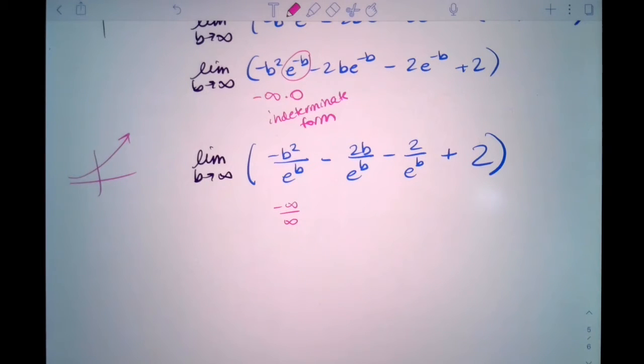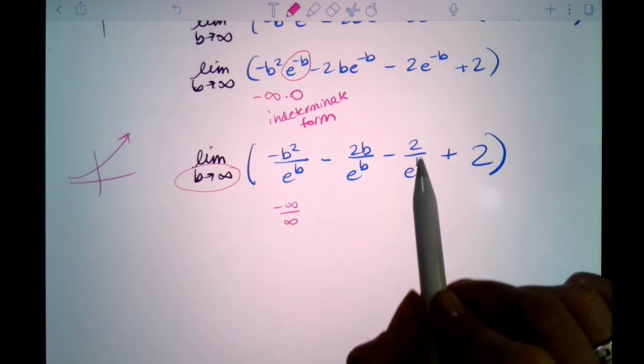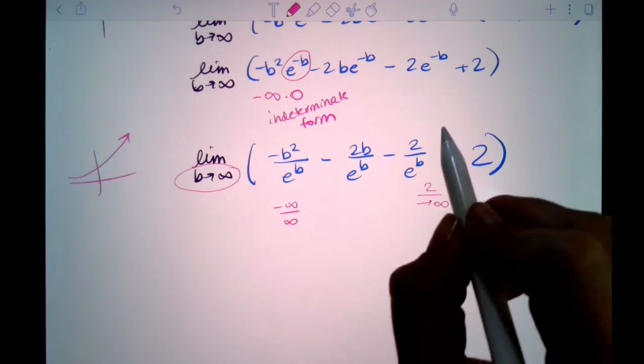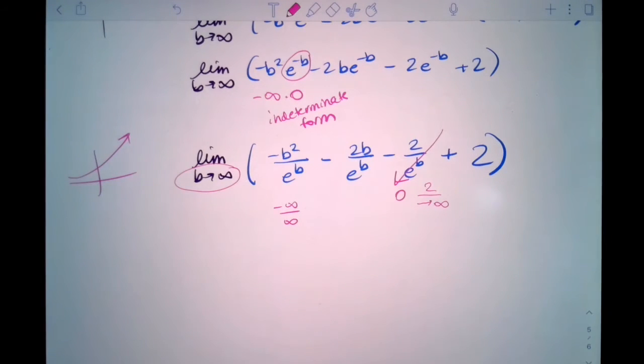That's another indeterminate form, but a manageable one because now you can actually execute L'Hopital's rule. I can use that rule to really get myself going. Now, if b is going to infinity, what I notice is you have 2 over something going to infinity, and 2 over something going to infinity. That whole thing falls off and it's just 0.